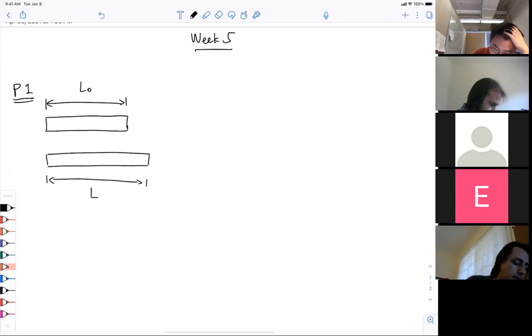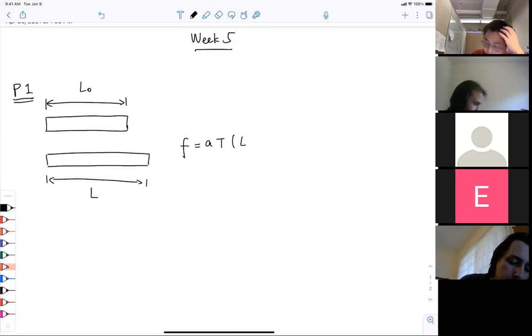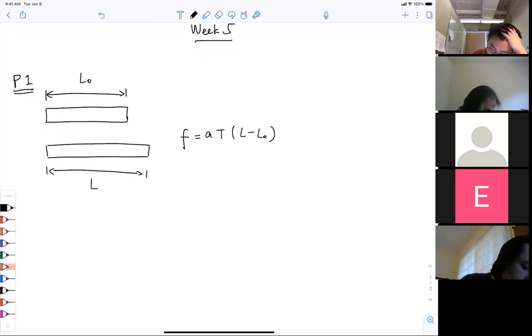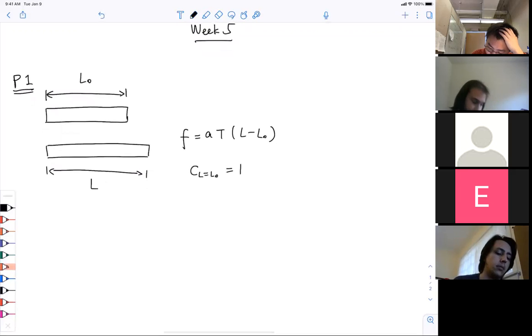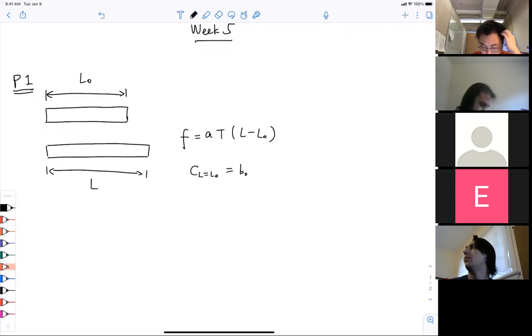So when the length is L, the force is given by F equals A T (L minus L naught), where T is the temperature and A is a positive constant. And by the way, the heat capacity when L equals L naught is B naught, a constant.